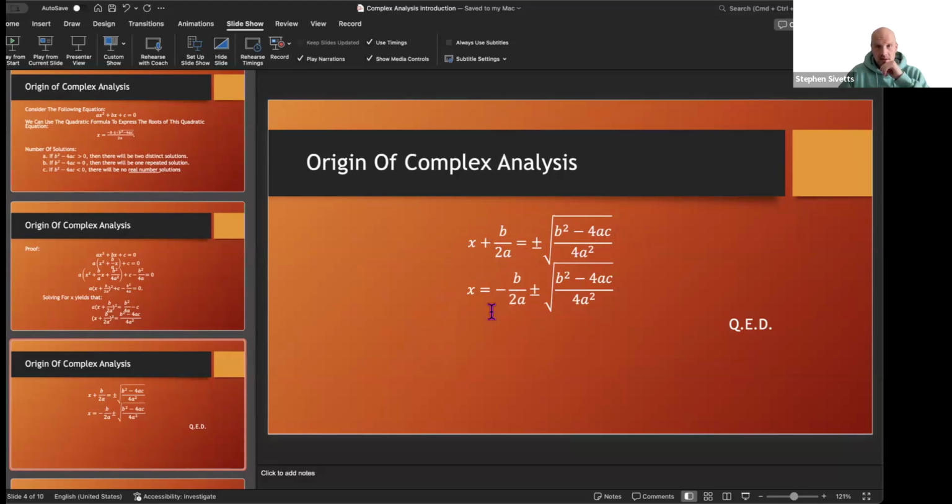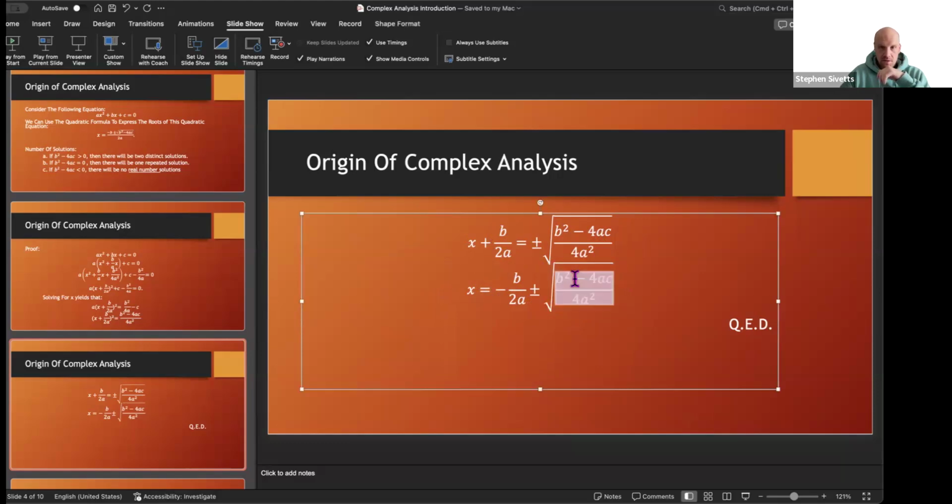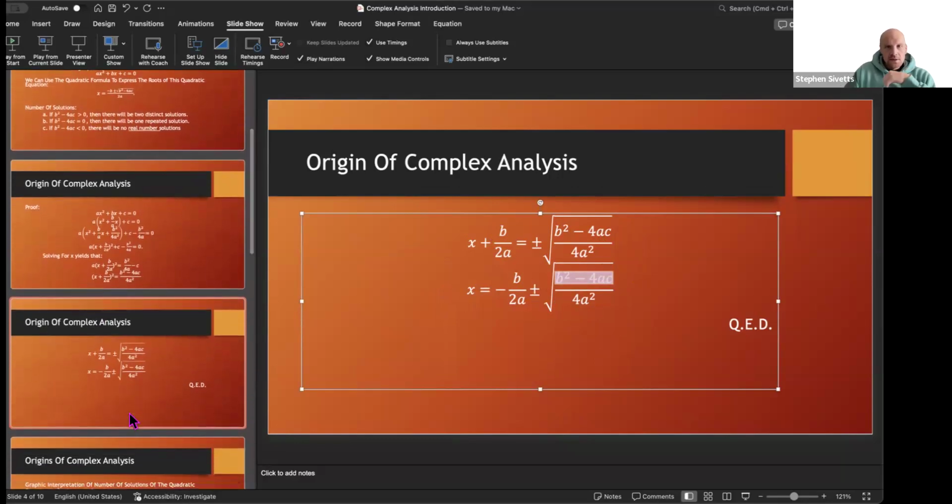And thus, this here's the quadratic formula, where this quantity is the discriminant, b squared minus 4ac.